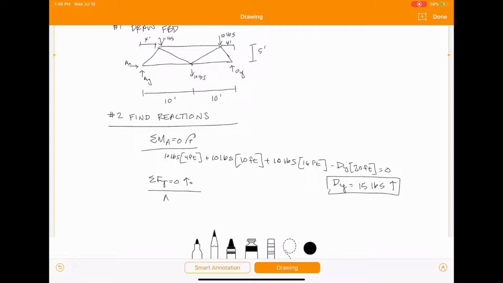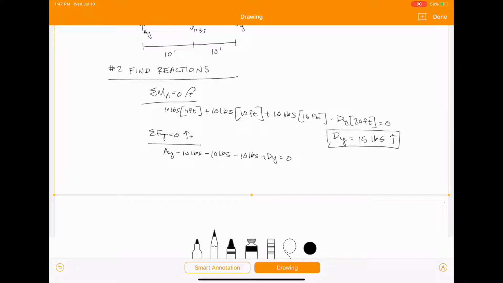So we're going to get Ay minus 10 pounds minus 10 pounds minus 10 pounds plus Dy equals 0. So Ay minus 30 pounds plus 15 pounds equals 0. So Ay is going to equal 15 pounds going up.